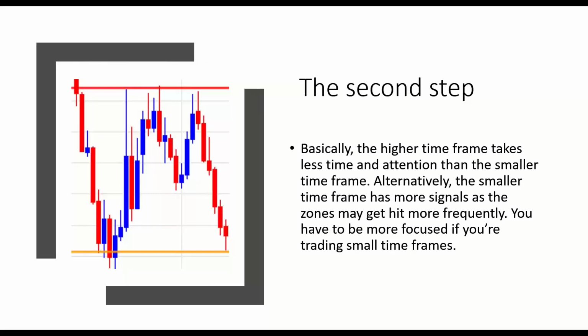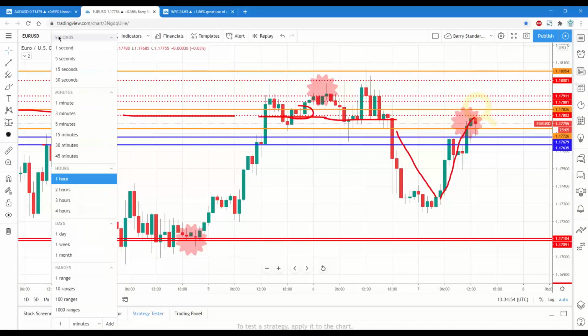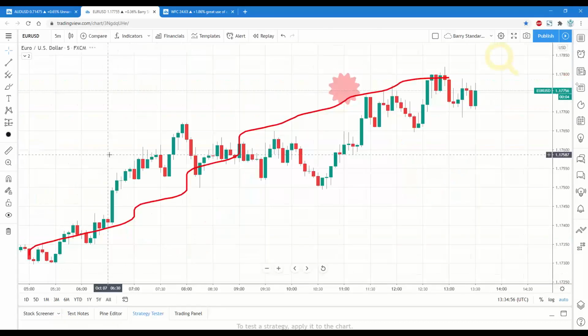So basically, the higher time frame takes less time and attention than the smaller time frame. Alternatively, the smaller time frame has more signals, as the zones may get hit more frequently. Now, trying to trade a support and resistance level strategy on 5-minute charts gets really difficult, because it's hitting those levels too often, bouncing through them and off of them, for you to make an intelligent, quick decision.